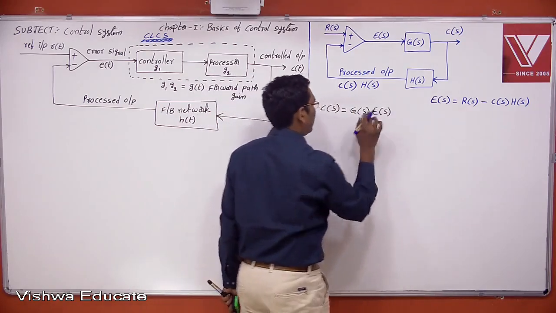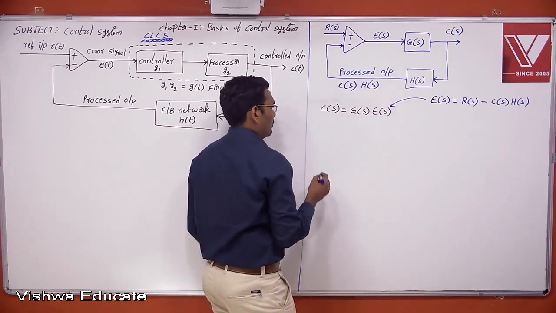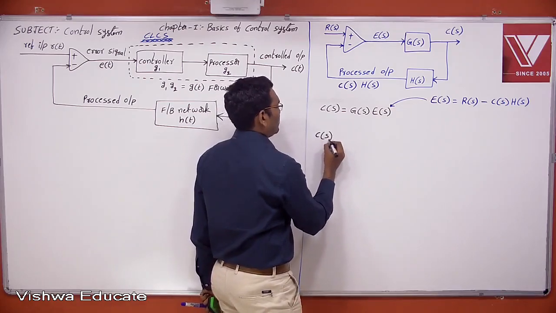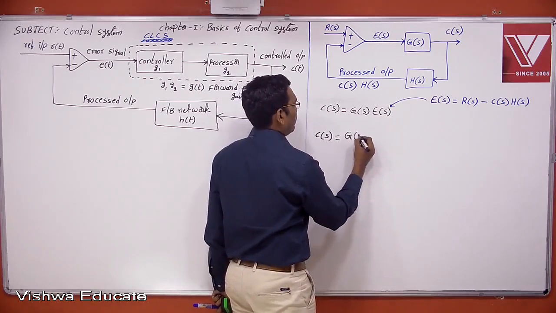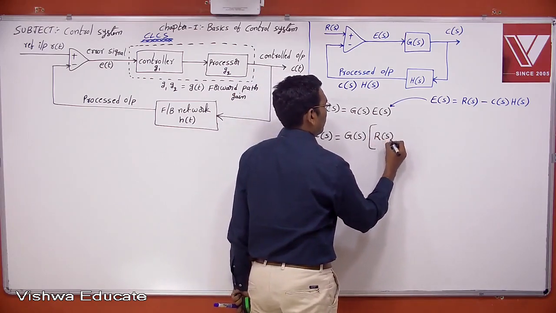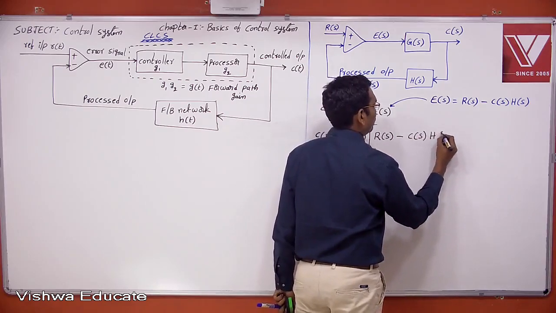If I substitute e of s here, the controlled output c of s is equal to g of s into, what is e of s? r of s minus c of s into h of s.